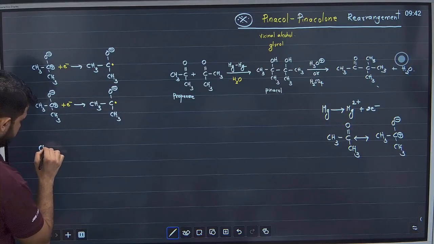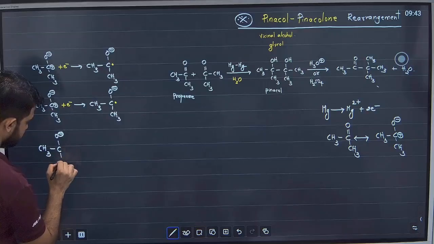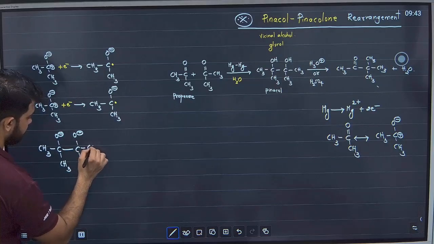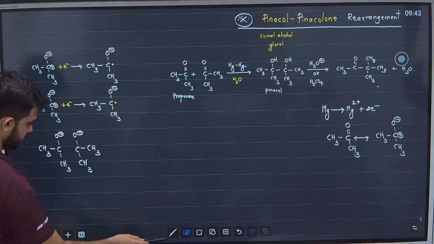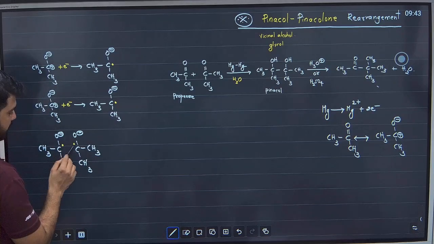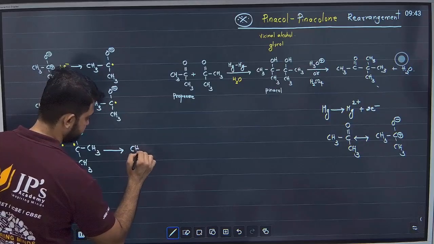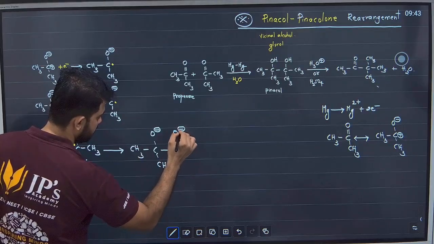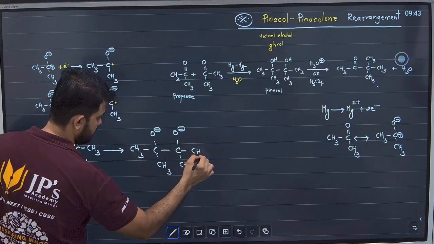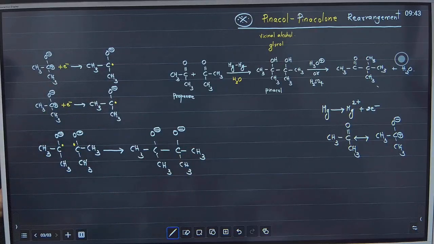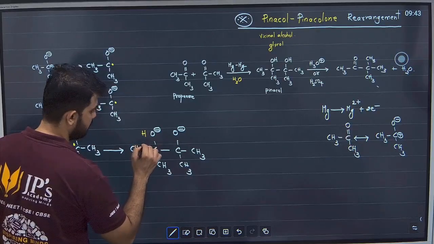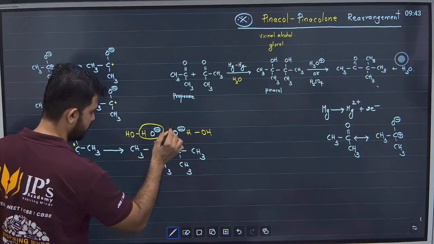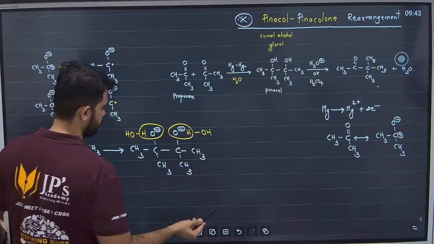And now what happens? CH3, CO minus, CH3, CO minus, there was one electron here, they will form a bond. We made this bond. And in the next step this O minus will extract an H plus from the solvent, and here too we extracted from the solvent. So what do we have?